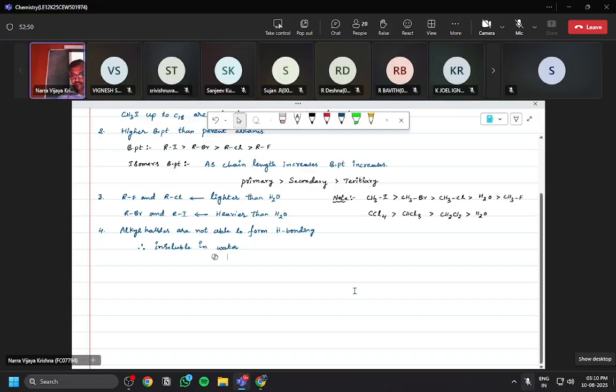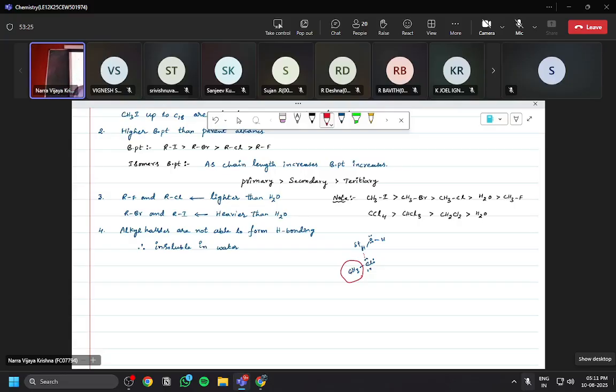Yes, sir. Even with a more electronegative atom, it will not form. Reason, for example, if I take CH3Cl, chlorine has lone pair of electrons. Now I am taking water. Hydrogen gets partial positive. What is hydrogen bonding? Interaction between hydrogen which is present on a more electronegative atom and the lone pair of electrons of a more electronegative atom. We call this hydrogen bonding, na? But the problem is this group is there, na? This group always repels water.